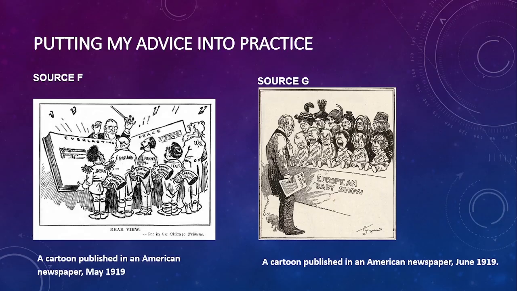Now I'm not going to answer it, though you can now practice doing so, but what I could do is note how they both give a sense of American superiority, of Wilson being in control, and how, for source F, America is acting selflessly, when America had profited from the war and would profit from the peace, whilst the Europeans and Japan are only concerned with their own needs.